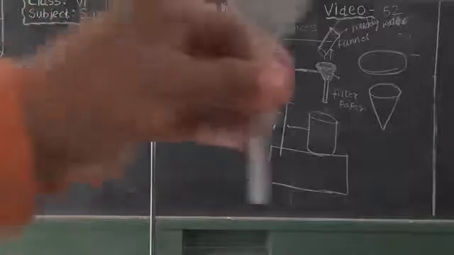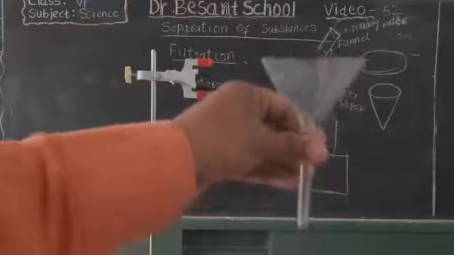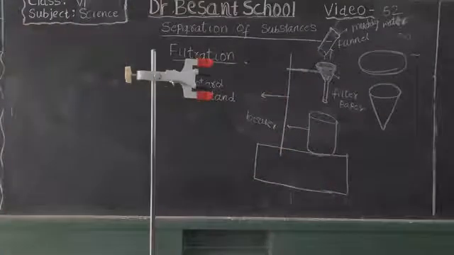Now to that retort stand I have to fix the funnel. This is the funnel. To this funnel I have to keep the filter paper. This is the filter paper.